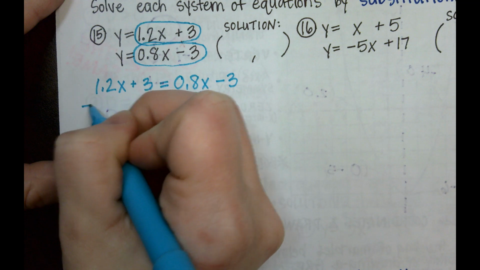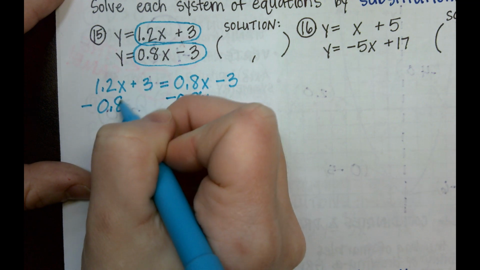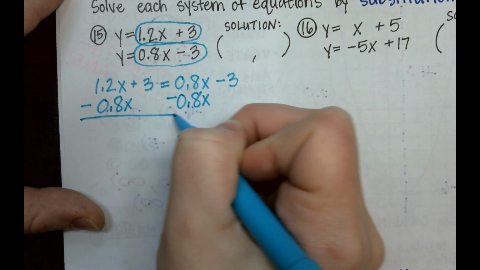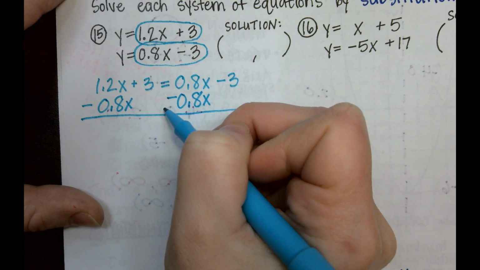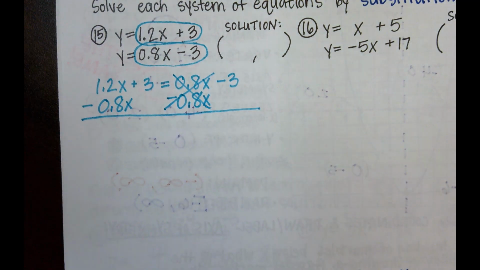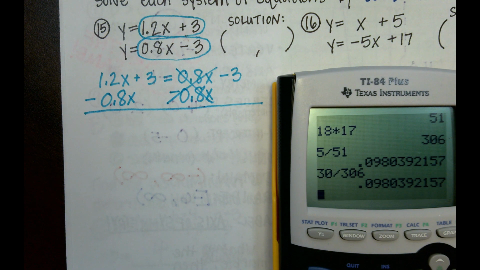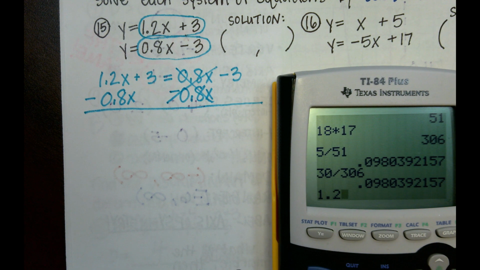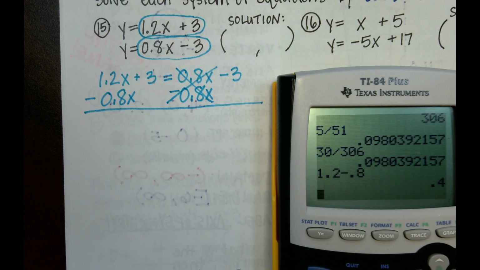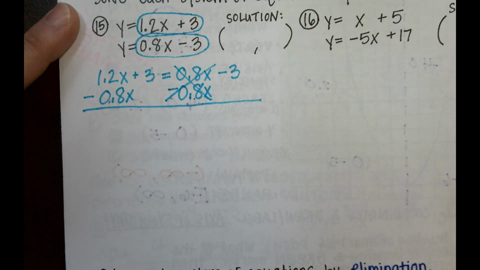Minus 0.8x, minus 0.8x. So we're going to get rid of that. Now we've got to see, what is 1.2x minus 0.8x? It sure is 0.4x.